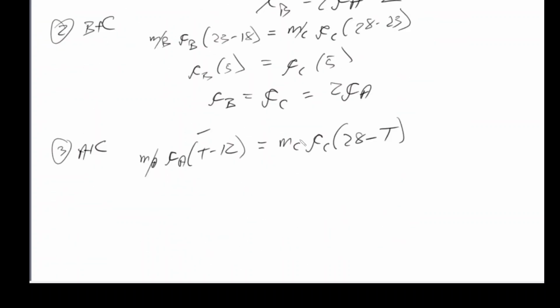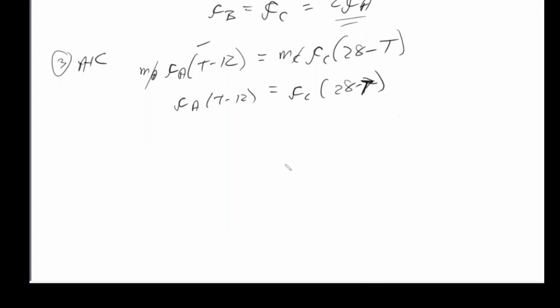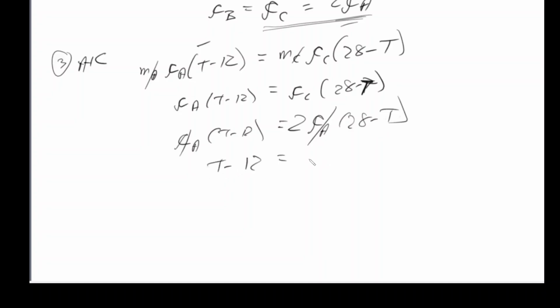And again, these masses are the same, and we get specific heat of A times T minus 12 is equal to the specific heat of C times 28 minus T. However, we know that the specific heat of C is equal to 2 times the specific heat of A. So specific heat of A times T minus 12 is equal to 2 times the specific heat of A times 28 minus T. These cancel out and we get T minus 12 is equal to 56 minus 2T, or 3T is equal to 68.